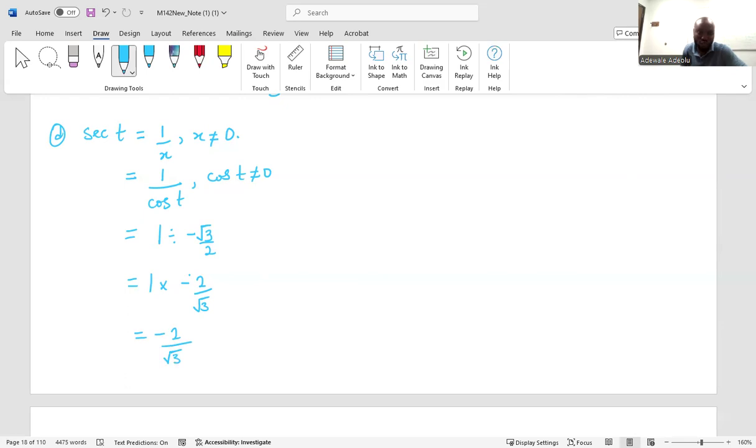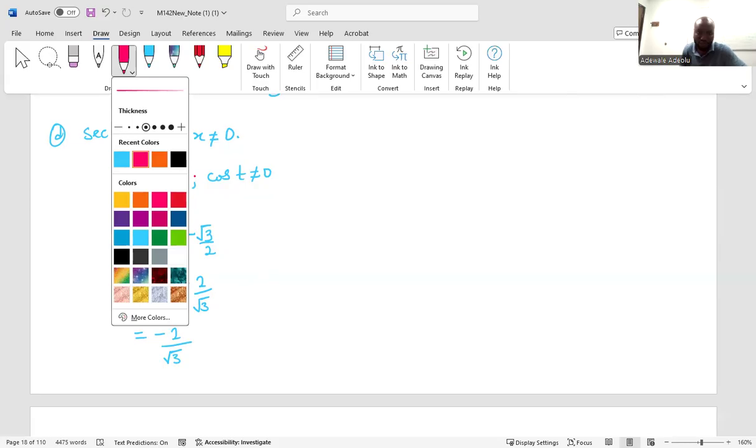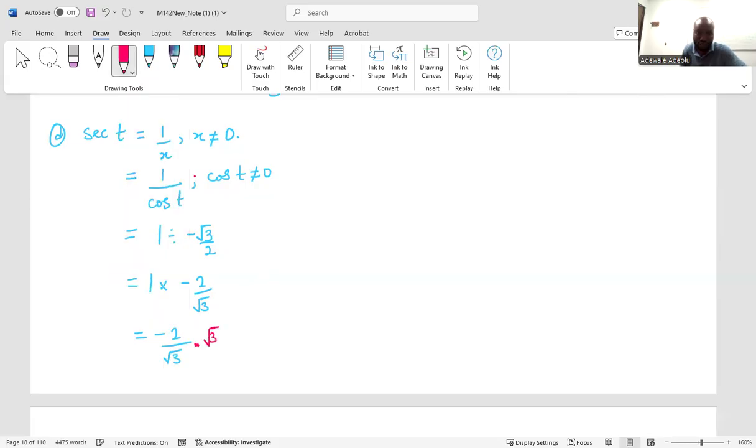Again, I do not want the denominator to have a radical. So I'm going to rationalize it by multiplying by root 3 over root 3. And then I have minus 2 root 3 divided by root 3 times root 3, which is root 9. And taking the square root of 9 is 3. So that is my answer.